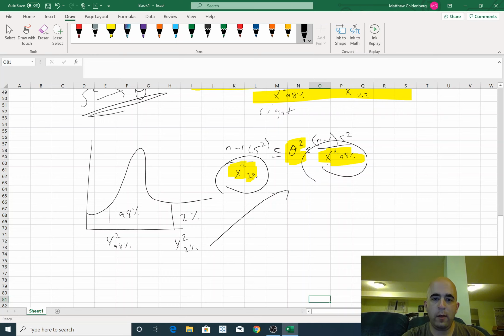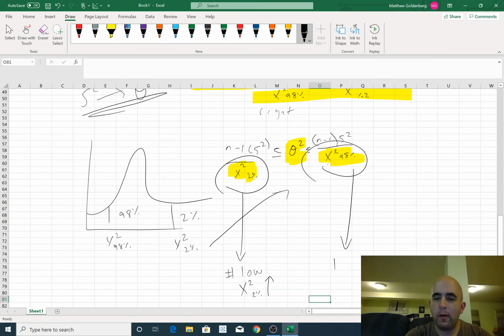And so this will end up with some number that's low because this chi-squared number of 2% will be very high. And so when you divide by a high number, you get a low number. This will be a higher number. And it's because this chi-squared gives a lower number.